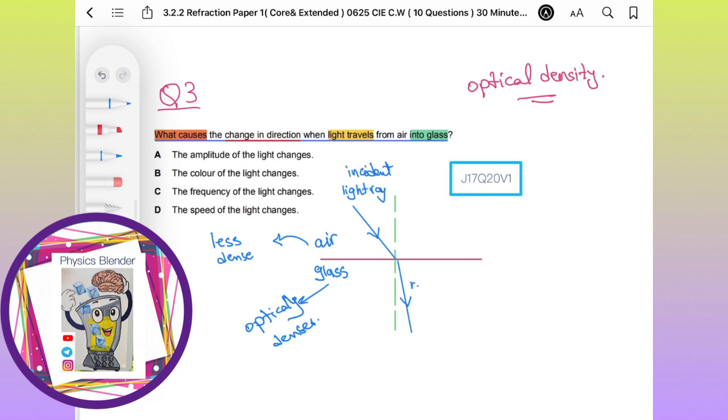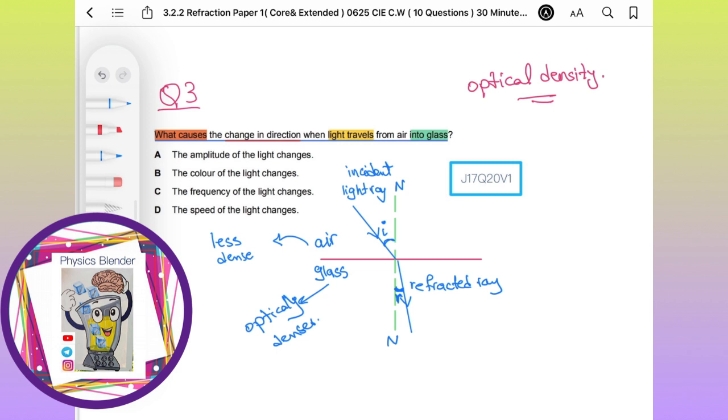So this is the refracted ray. And the angle of refraction is the angle between the normal and the refracted ray. So this is R. The angle of incidence is the angle between the incident ray and the normal.